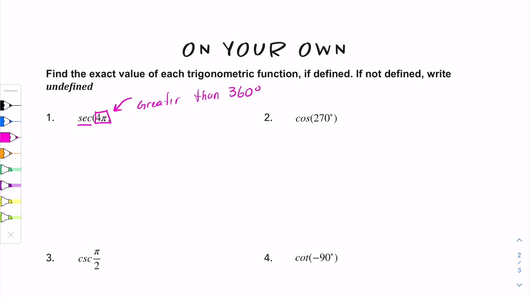So instead of finding all six trig functions, I am only asking you to find the secant on number one. Number two, you're only asked to find cosine. Number three, cosecant. Number four, cotangent. So you're finding 4 trig values for 4 different quadrantal angles.